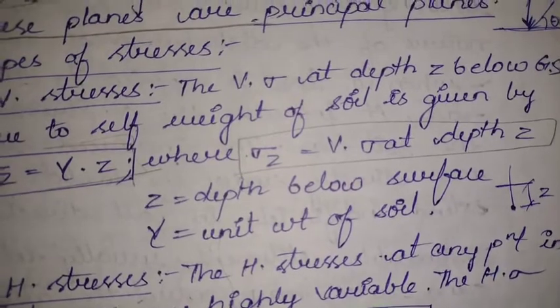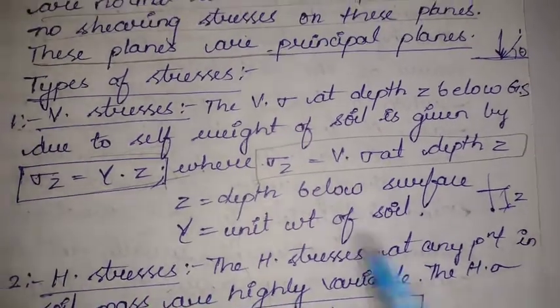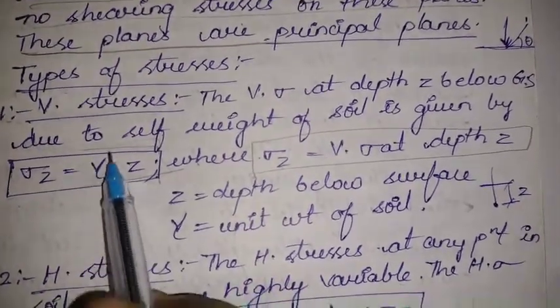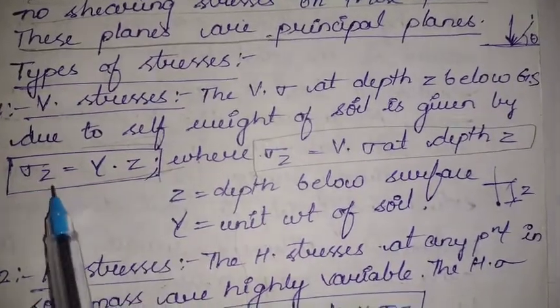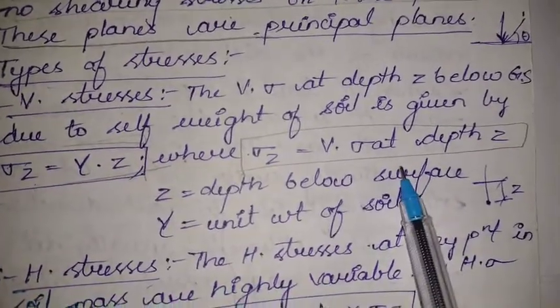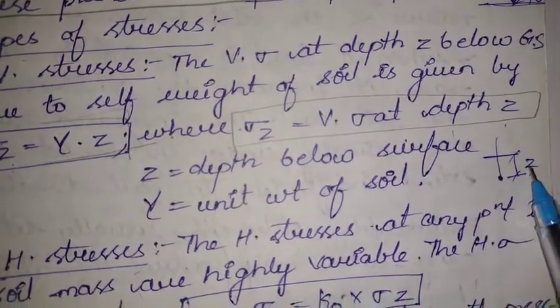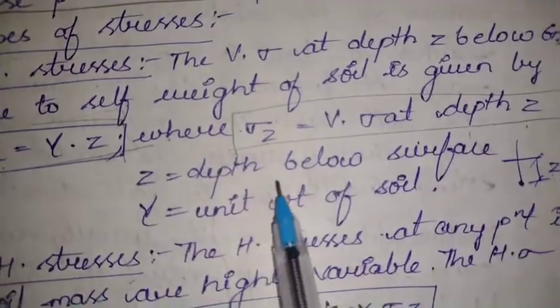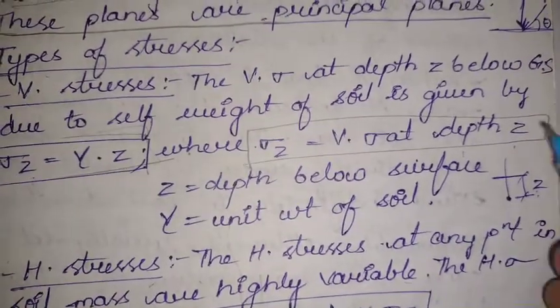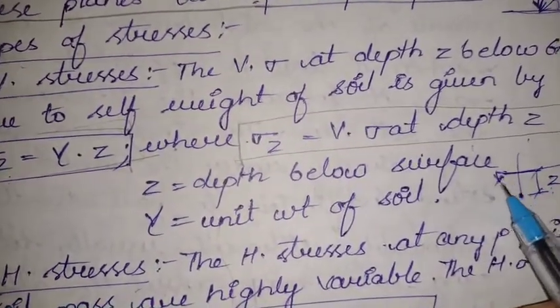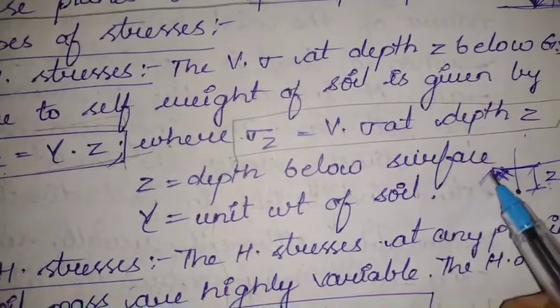Here sigma Z is equal to gamma into Z. Sigma Z is nothing but the vertical stress at depth Z, as shown over here. What is Z? Z is nothing but depth below surface. I already told you this is the ground surface we take as the origin.